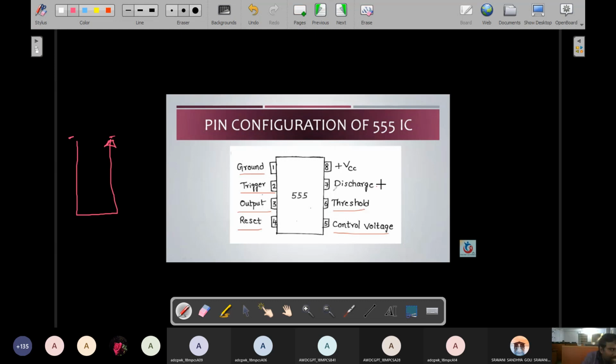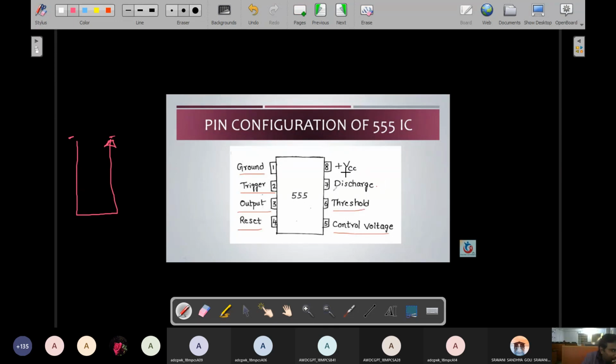In this discharge pin we connect a capacitor. The capacitor is the device that stores charge and discharges. Therefore the seventh pin is directly connected to a capacitor, because the capacitor can both charge and discharge.